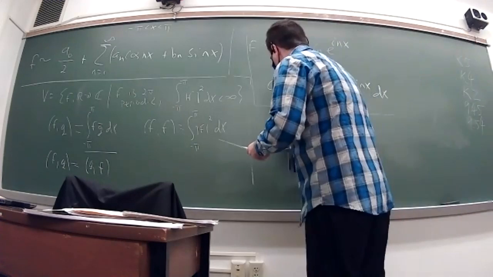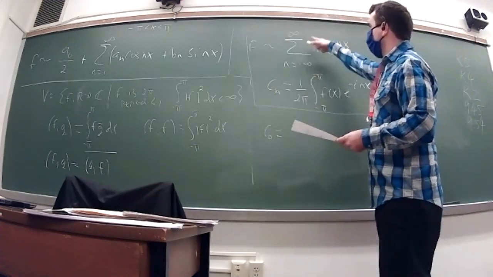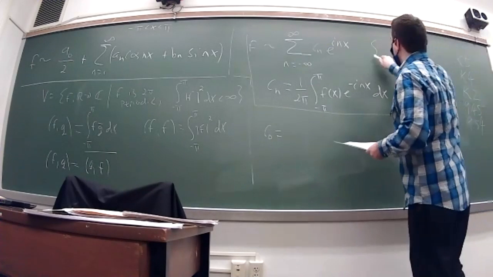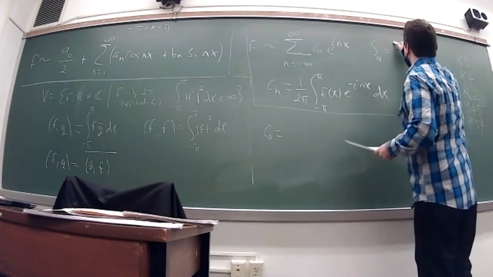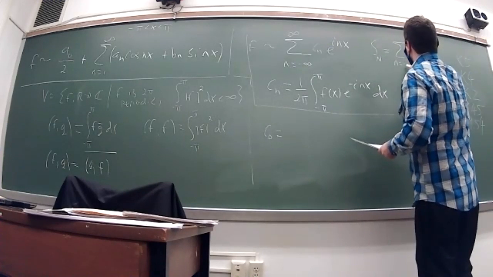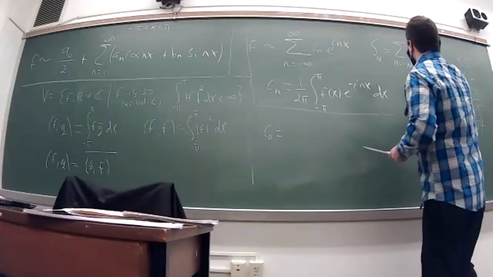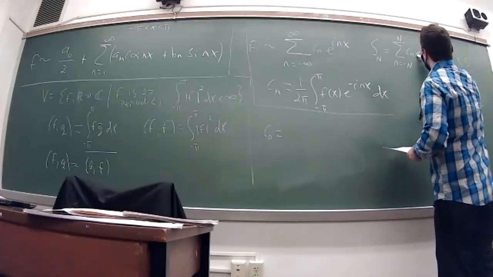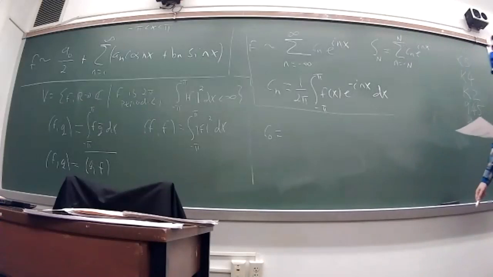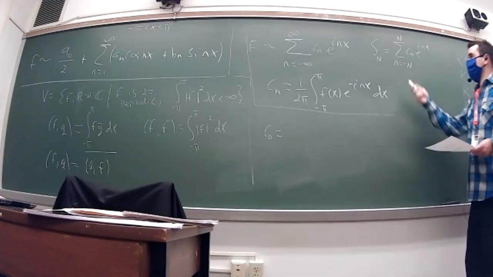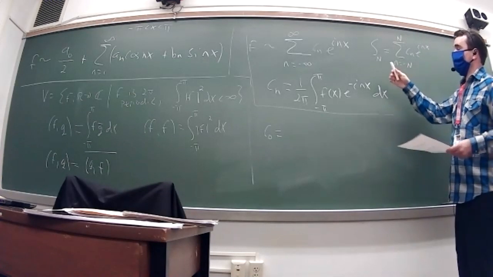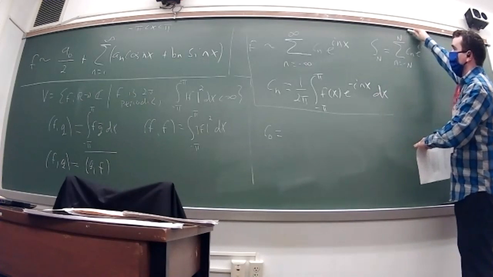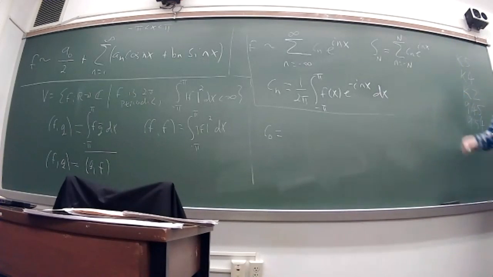So, the sum goes from negative infinity to infinity, and the partial sums are understood to go from negative capital N all the way up to positive capital N. You're summing symmetrically the first capital N and the first capital N with the negatives.